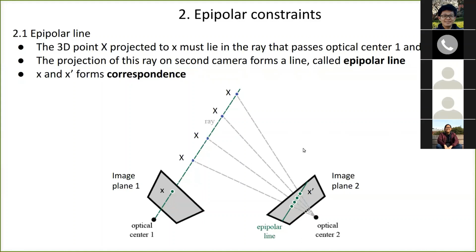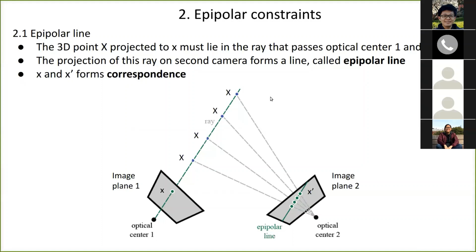We have multiple cameras, and we get a projection of one 3D point at the same time into different views. So the geometric relationship that we are talking about is called the epipolar geometry, or epipolar constraint.